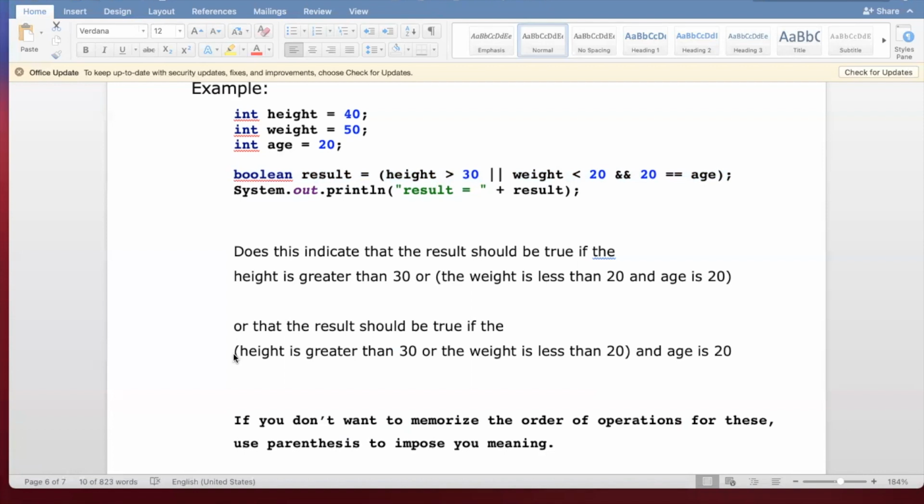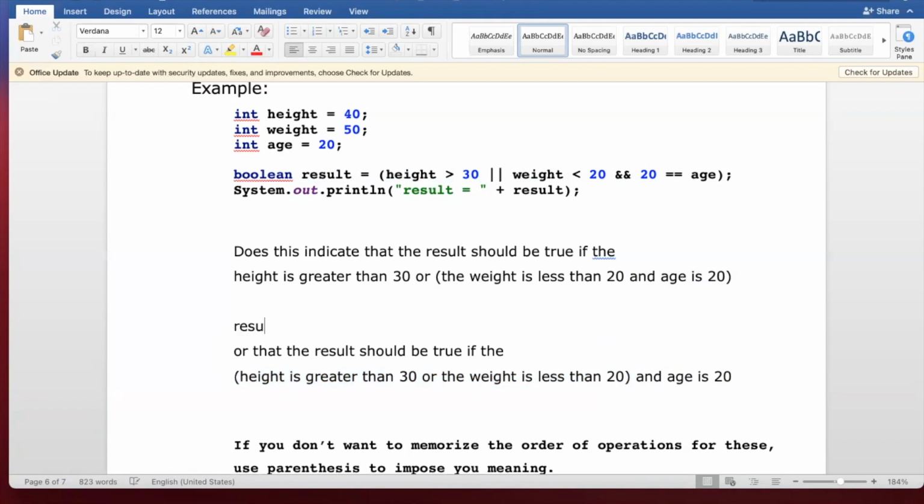On the other hand, if you're trying to capture the fact that the expression should be true if the person's height is greater than 30 or their weight's less than 20 and their age is 20, then you would use the parentheses around that first sub-expression to force that to be evaluated before it combines the result with the age comparison.